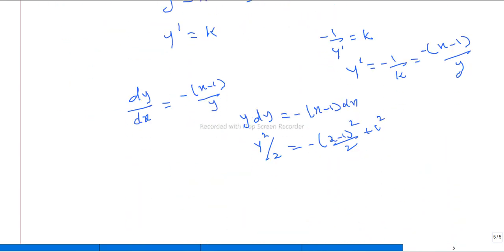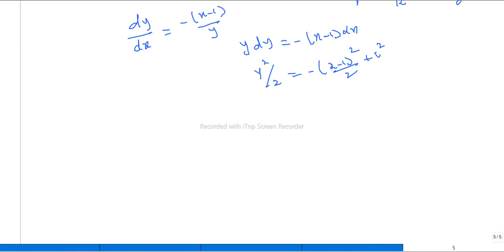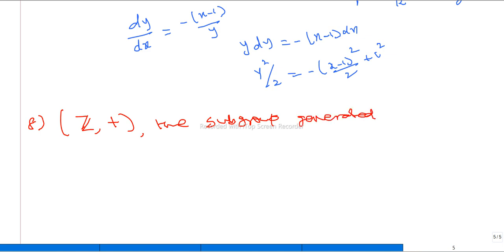Okay. So next question, 8th question. In the group of integers, the set of all integers with respect to addition is a group, we know that. The subgroup generated by 2 and 7, what is the subgroup?